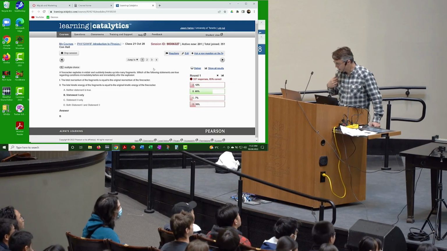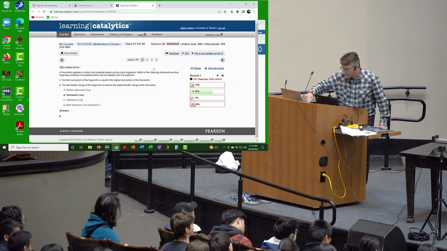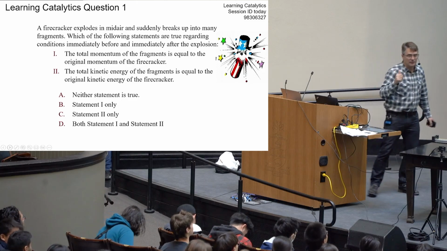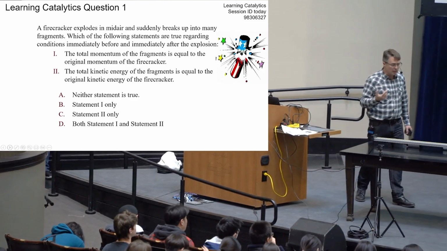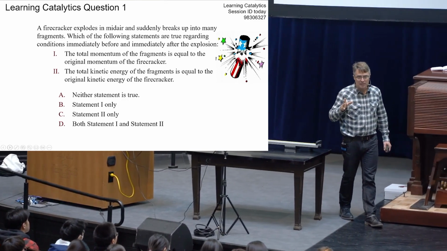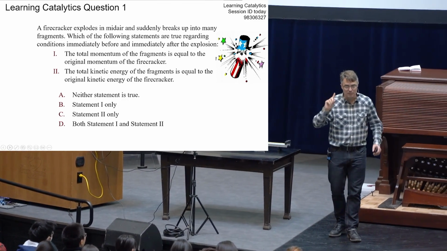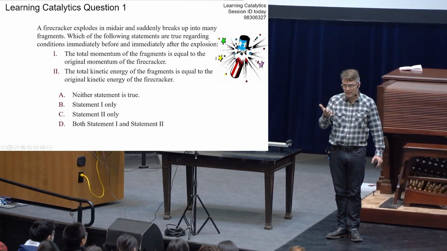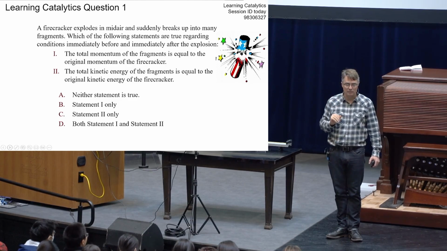So, statement I. This is a really important concept: momentum is always conserved in a collision or an explosion. The reason is that the change in momentum is some external force multiplied by delta t, and delta t in a collision or explosion is extremely small.